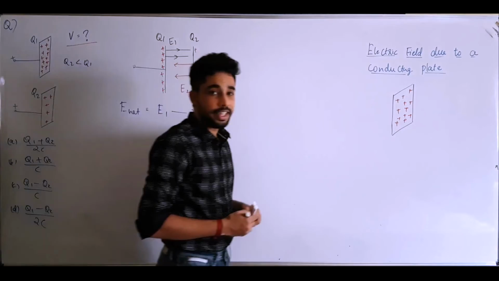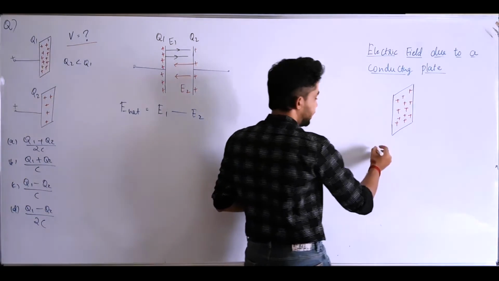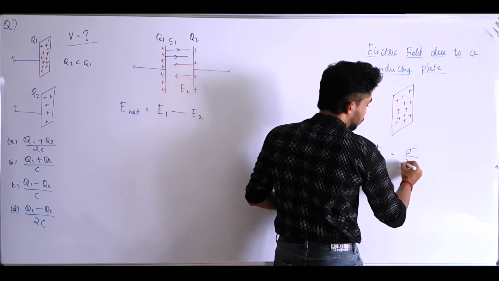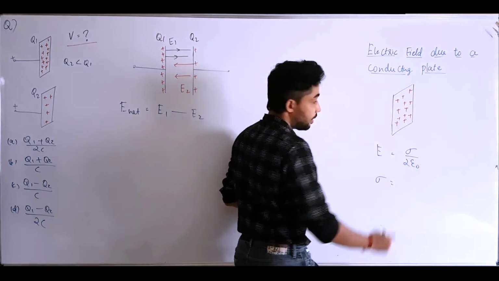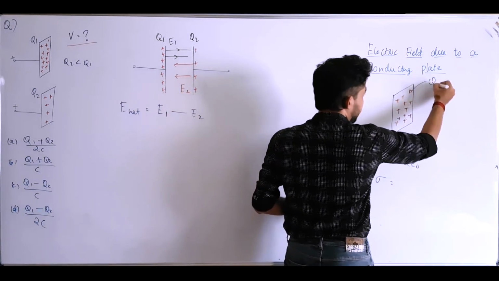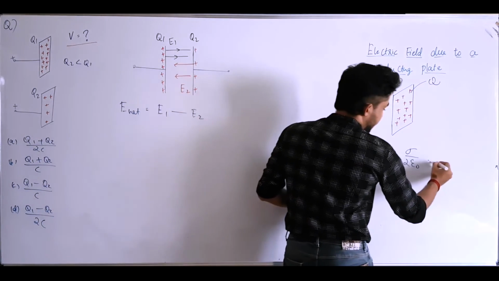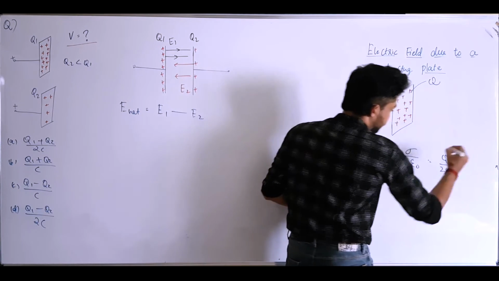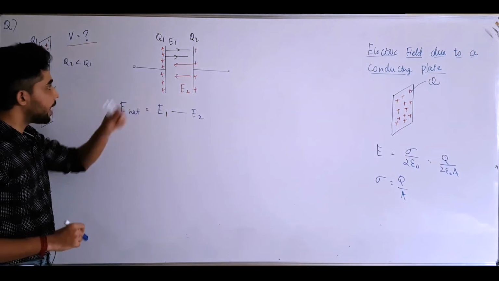For that we need a review of the formula. The electric field due to a conducting plate is given as E equals sigma by 2 epsilon naught, where sigma is the amount of charge per unit area. Let the charge be Q, so I'll get Q by 2 epsilon naught A. That is the electric field due to a conducting plate, so I can use that formula directly over here.